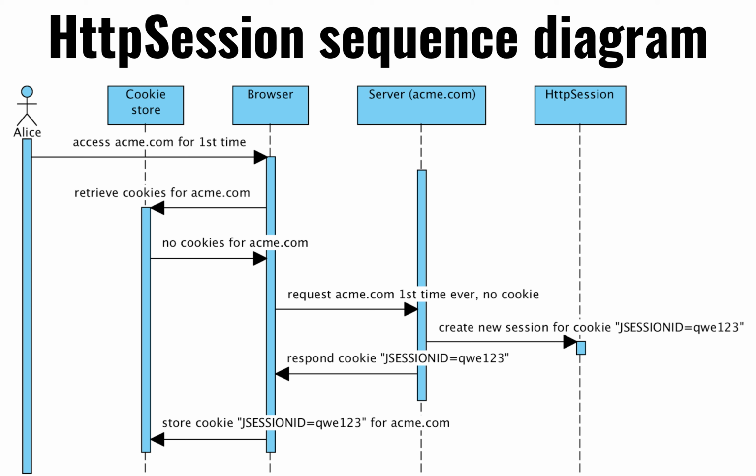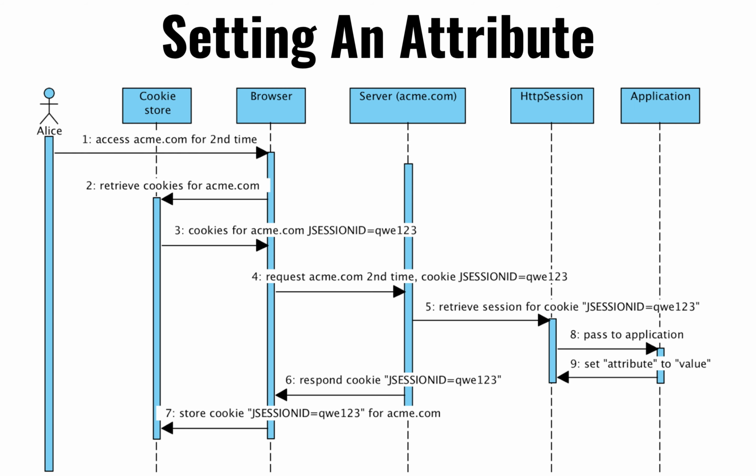And so it stores, saying that for acme.com, this is the cookie that I have. And it keeps it per domain. It maintains a database that per domain I have all these cookies, so that it knows when to send it to what server. The second time around, the browser checks for acme.com and sees that it does have a cookie, a JSession QWE123.